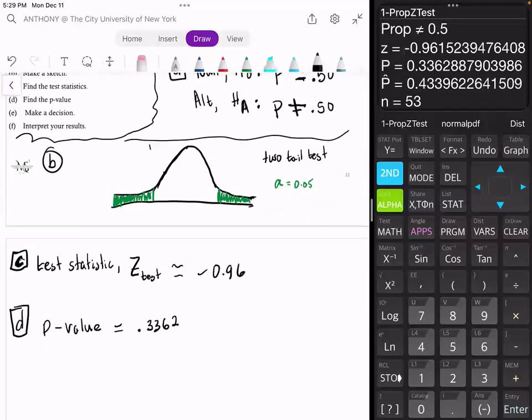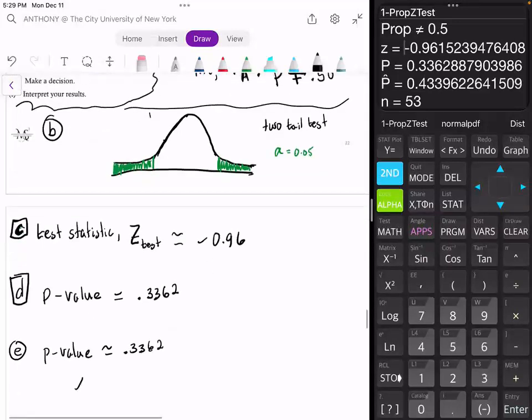So parts C and D are now done. The graphing calculator does the two heavy calculations for us. Now we've got to focus on making the decision and interpreting our results. Here we have the p-value, again just rewriting it for us, was approximately 0.3362. The level of significance was 0.05.